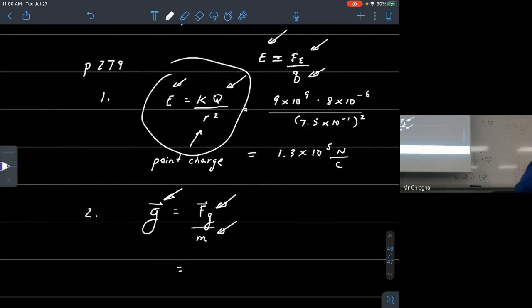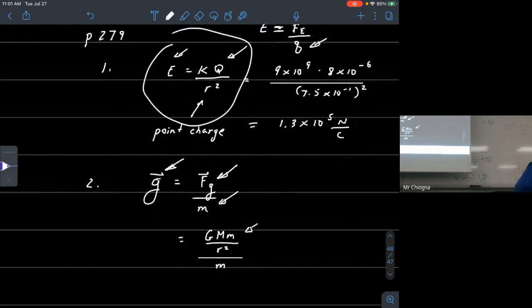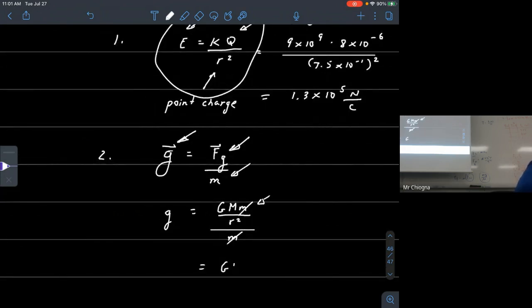Mass that's being acted on. Calculate the field on Mars. Okay, so what is FG? For a planet, that's your FG. For any object, that's your FG. What cancels out? The test mass. You don't need the small mass. That's it.